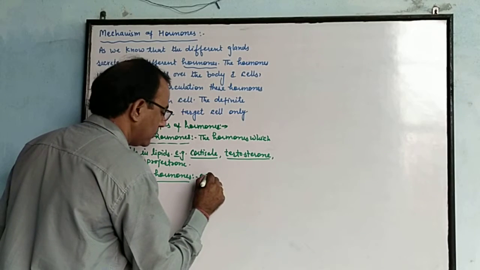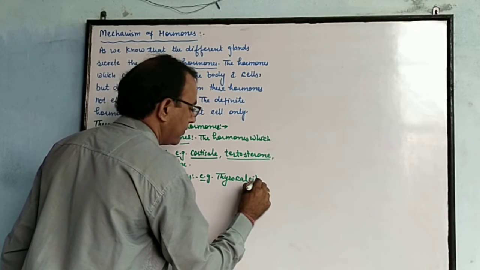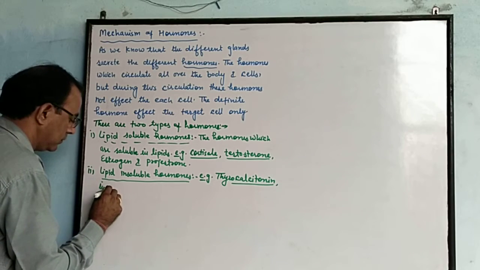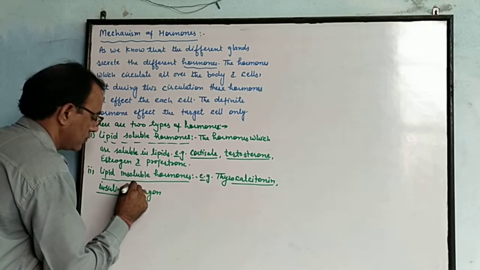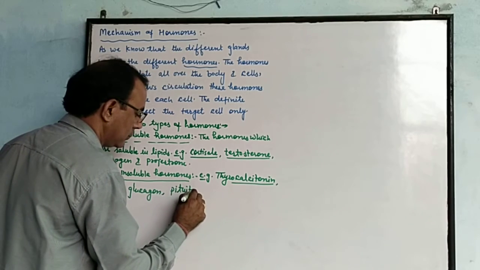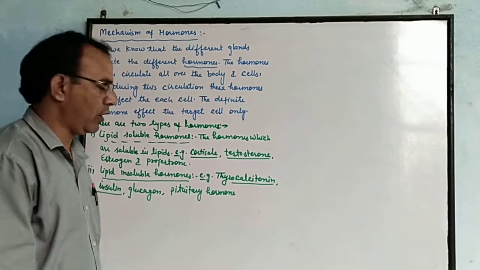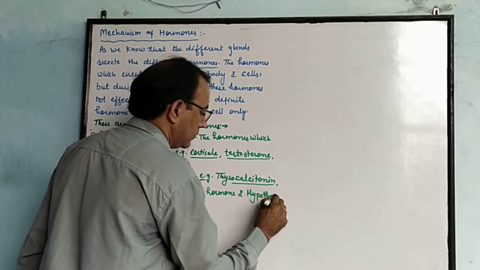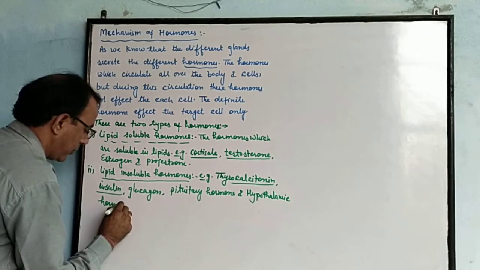For example, thyrocalcitonin, insulin, glucagon, pituitary hormones and hypothalamic hormones.